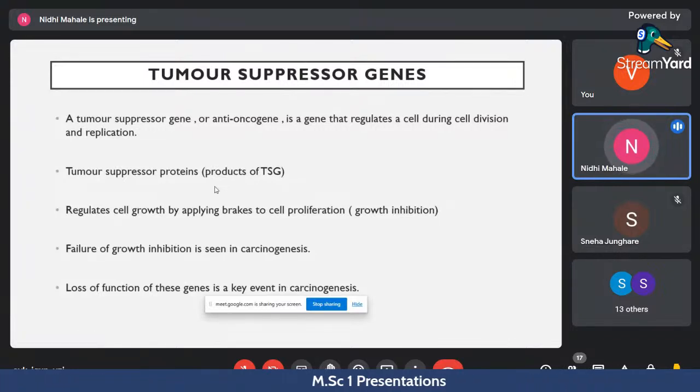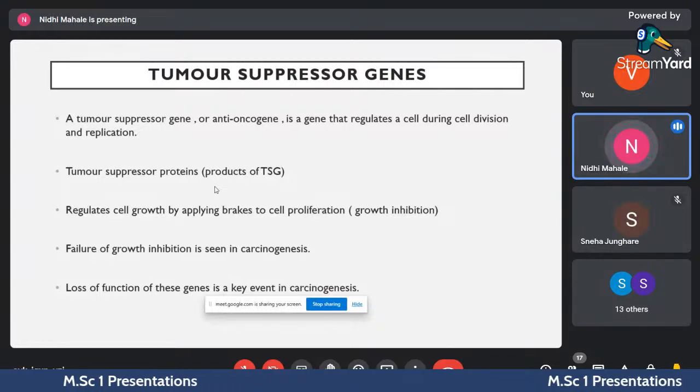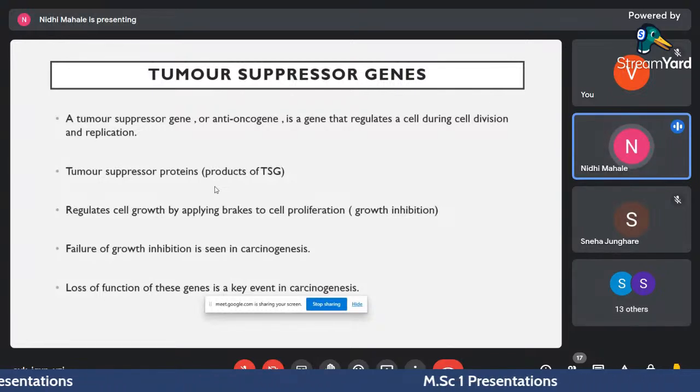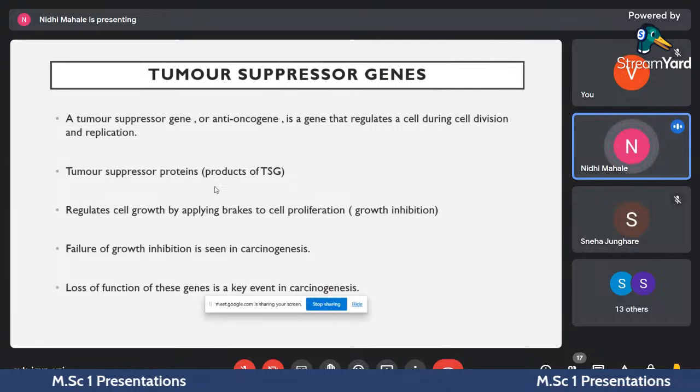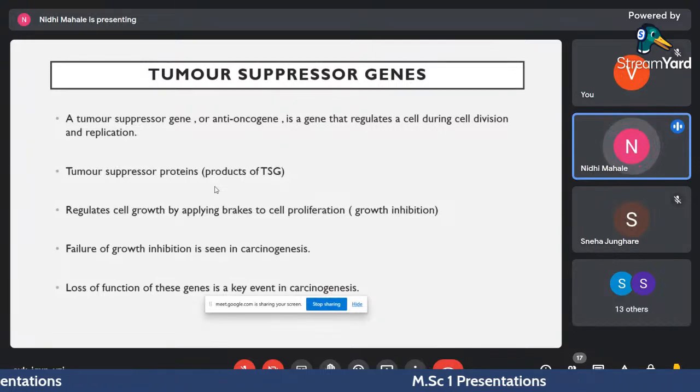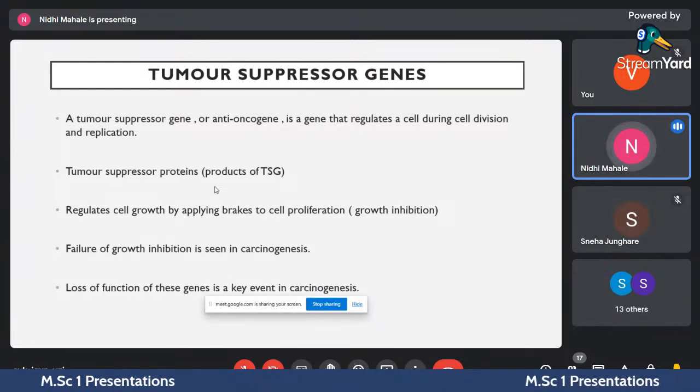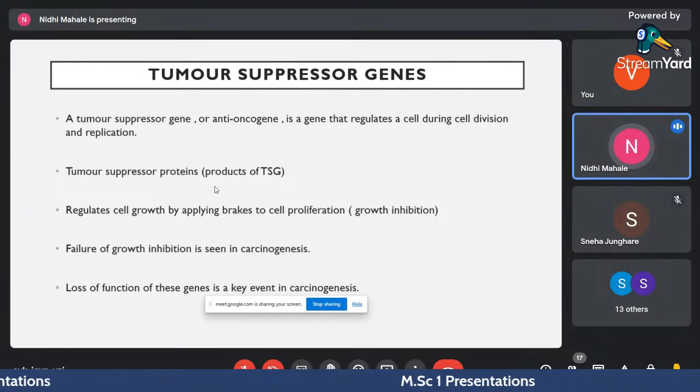Products of tumor suppressor genes are tumor suppressor proteins. They regulate cell growth by putting brakes on cell proliferation. That means they are growth inhibitory proteins. Failure of growth inhibition is seen in carcinogenesis. The reason for that is loss of function of these genes, which leads to carcinogenesis.